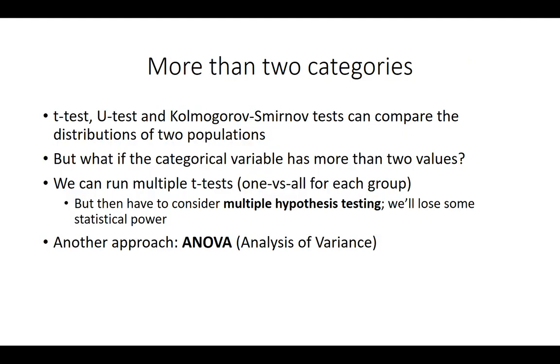OK, finally, before we go to also demonstrating how to use all of these tests, which deal with a numeric and a categoric variable case, let's also consider what happens if you have more than two categories. So we saw the t-test and u-test and Kolmogorov-Smirnov. All of them work just in the case of two groups, but sometimes we might have categories which, of course, have more than two groups.